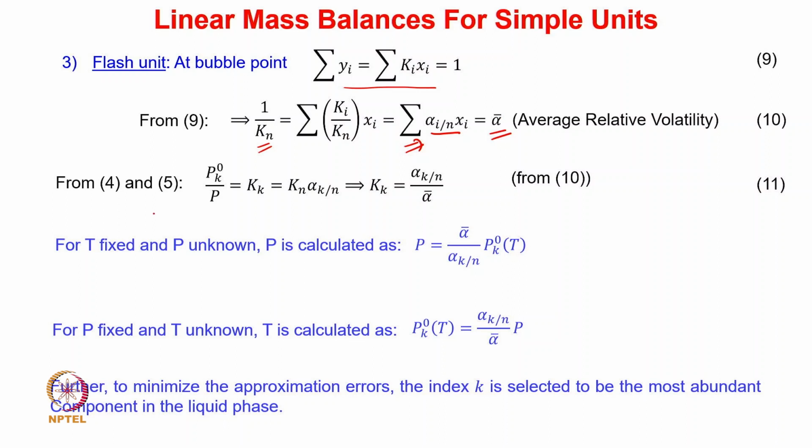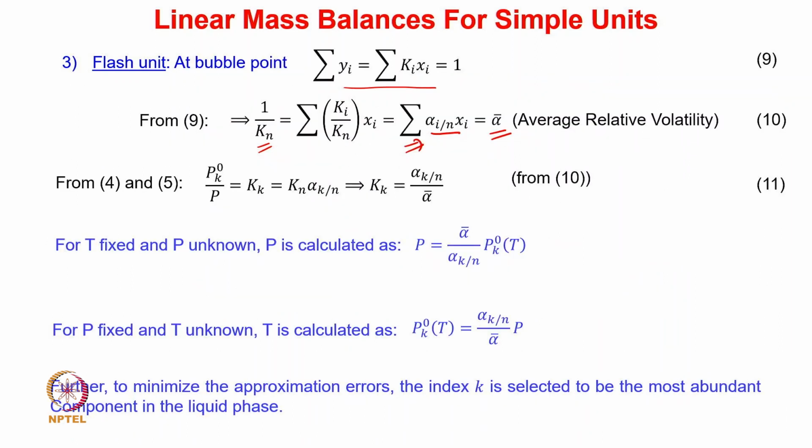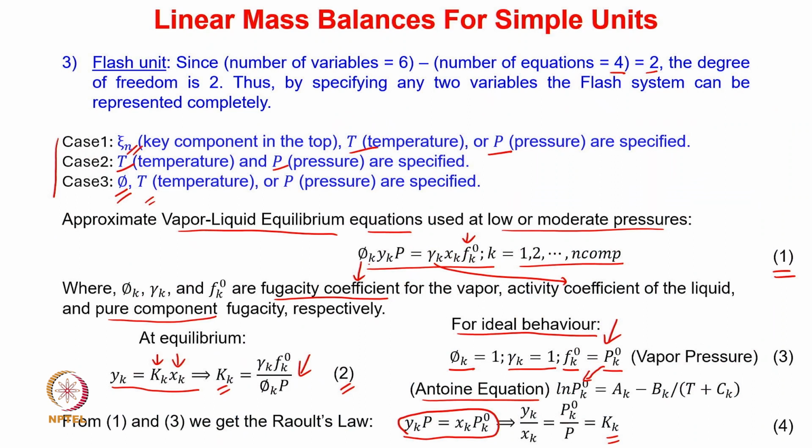Now remember in the previous slide you can see that alpha kn is given by pk by pn, isn't it? So the same expression we have used here. You can see that kk is given by pk naught by p. So this is equation number 4. We can go back and see equation number 4.